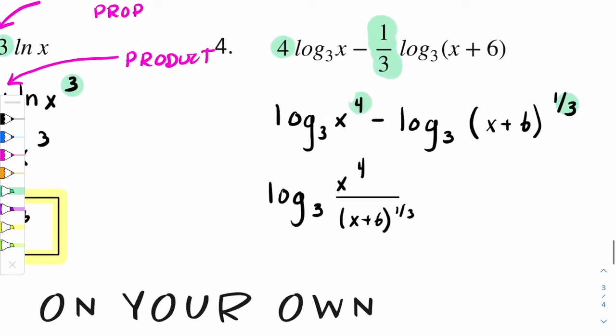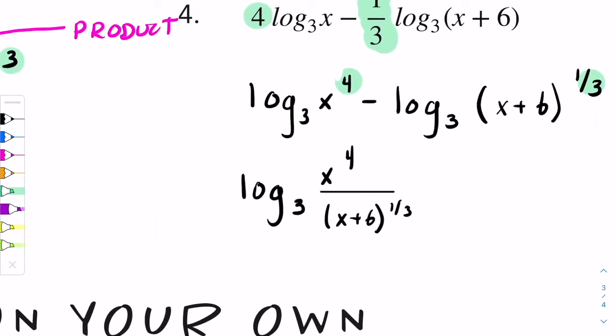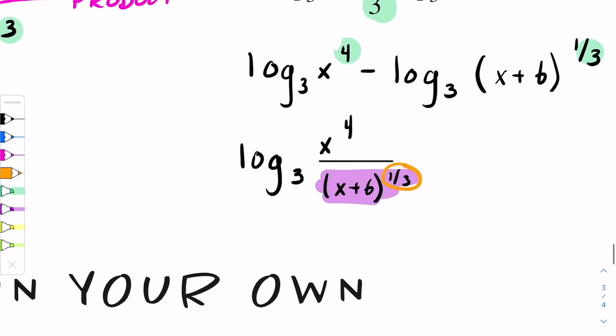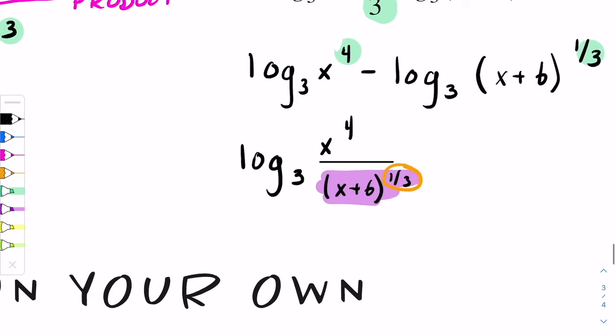There's one thing you need to notice on the denominator for this problem. Anytime you have an exponent that's a fraction like this, if you can convert it back to radical form, which you can on this one, you need to make sure you do that. So our final answer is log base 3.